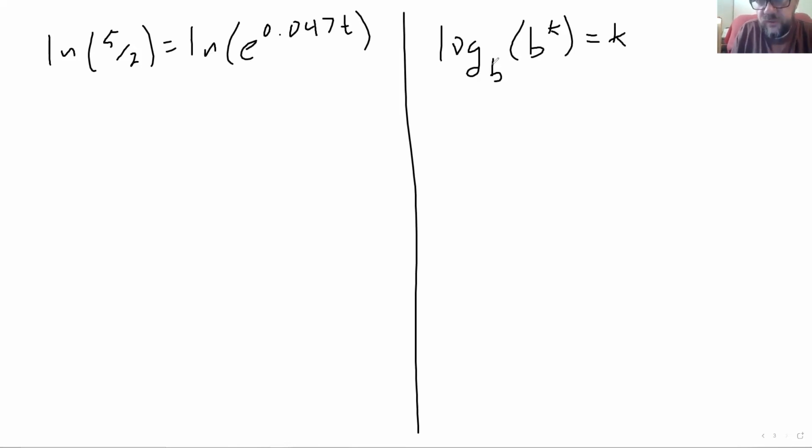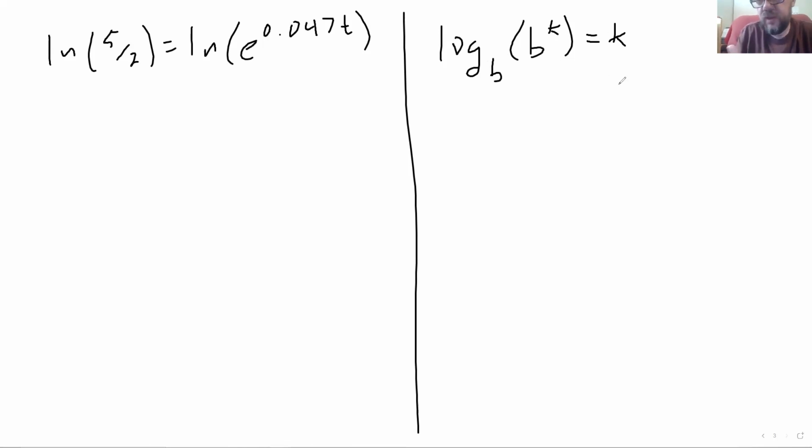Because remember what a log is, right? The log is saying what power do I have to raise my base to get the thing that's inside? Well, I have to raise b to the k to get b to the k, obviously, right? That's not some sort of trick. That really is the reason there.